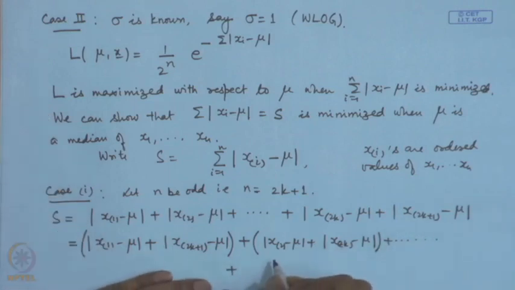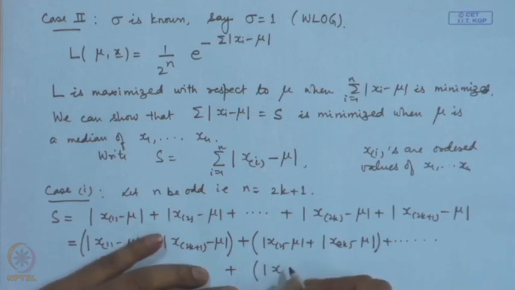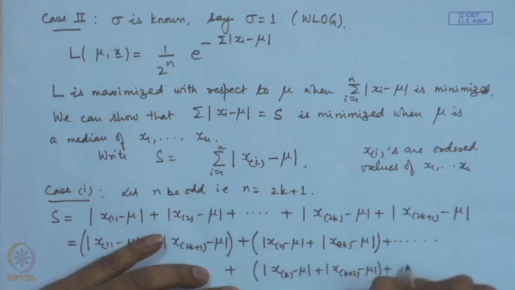That is, finally, we will have x_k minus mu plus x_k+2 minus mu, and the last term then will be remaining, that is x_k+1 minus mu.